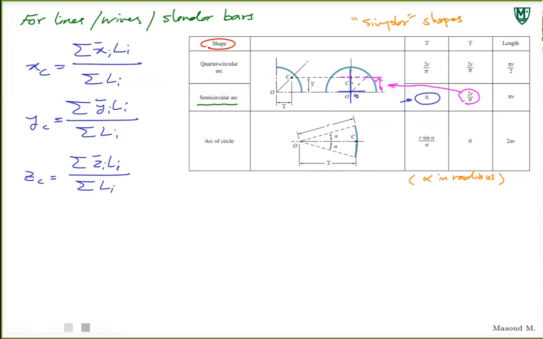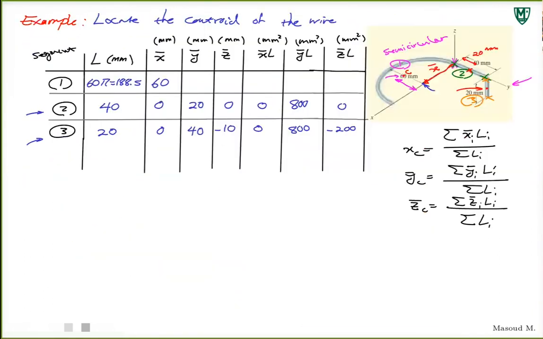Again, pay attention. Don't just plug in this Y bar there. The reason we got 2r over pi is because the centroid of the semicircular arc is at point C, and that point is along the y-axis in the negative direction. Since the origin is here, this length would be minus y bar in the y direction.